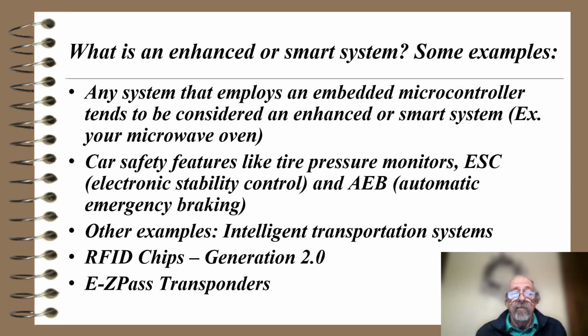An example would be your microwave oven. Car safety features like tire pressure monitors, electronic stability control or ESC, and AEB, automatic emergency braking, would be smart systems. Other examples are intelligent transportation systems, RFID chips, especially Generation 2 chips, and something like an Easy Pass transponder as you drive down the turnpike.